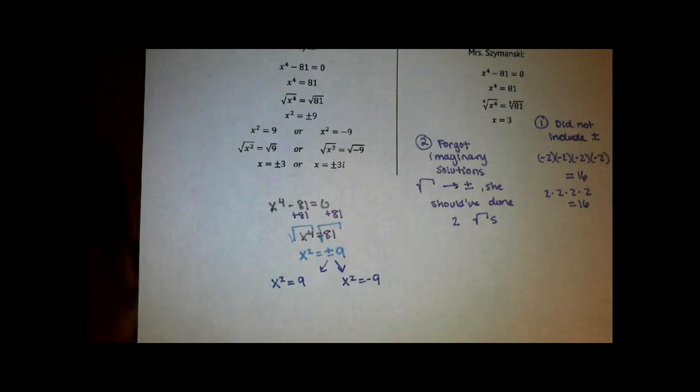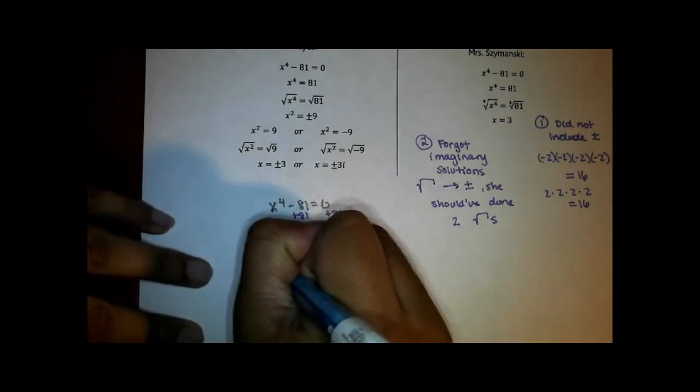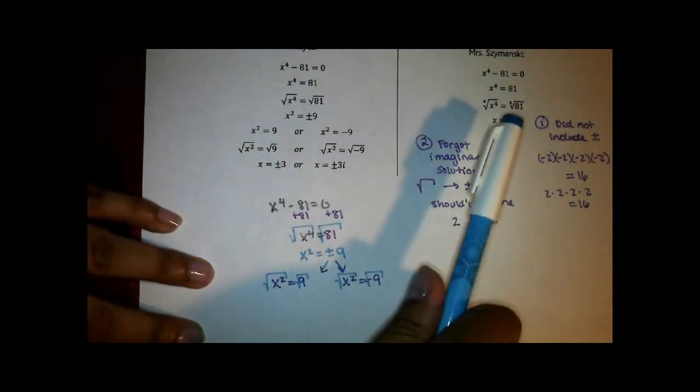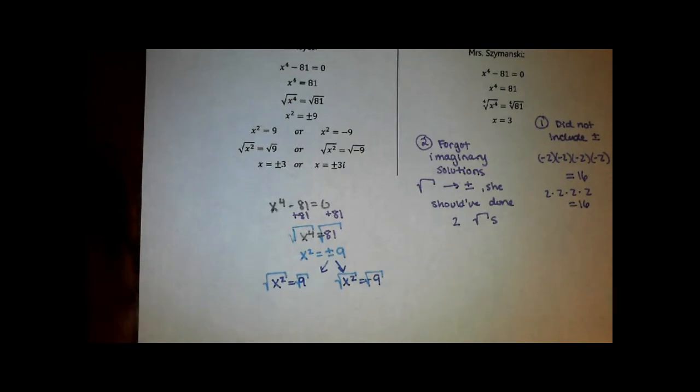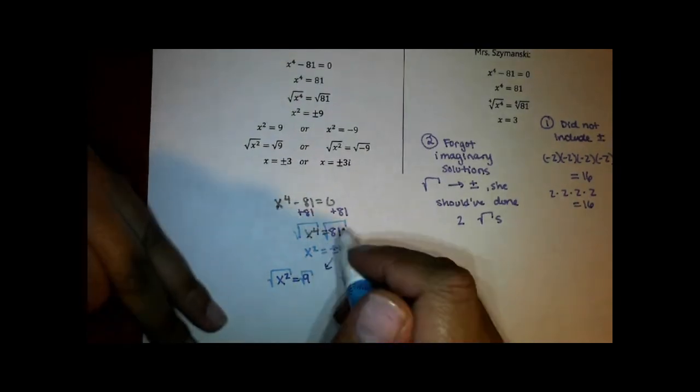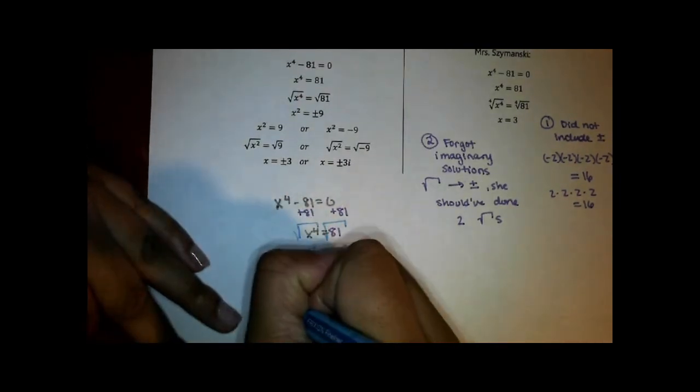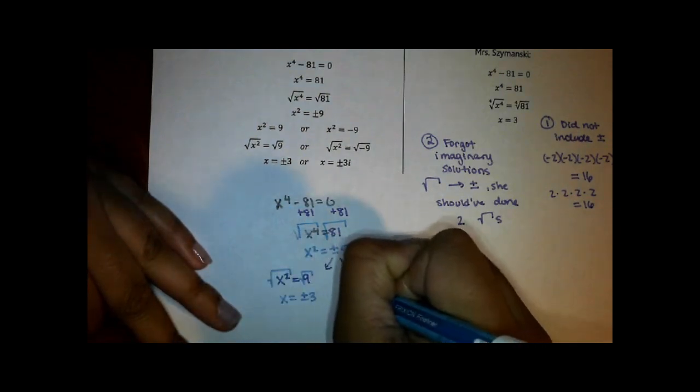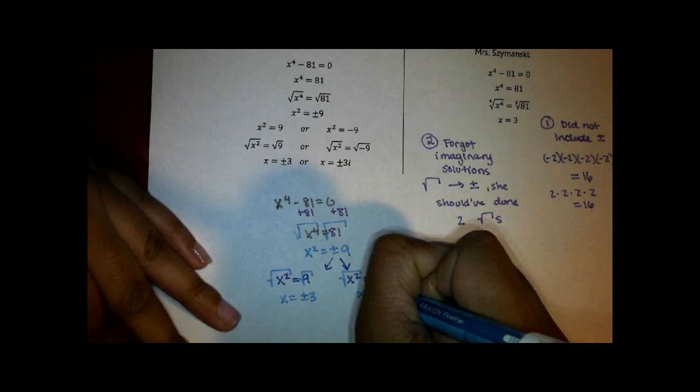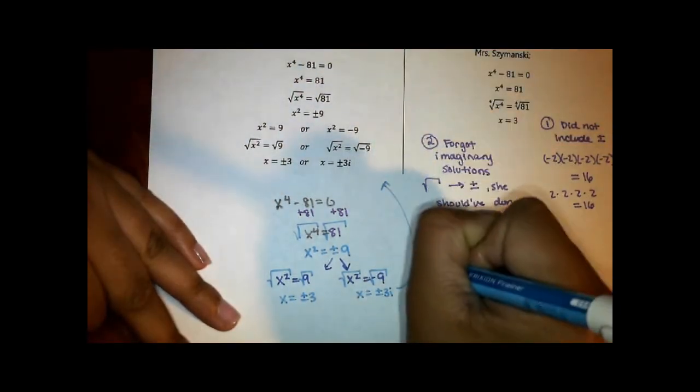Excellent. And then from here, again, we'll just square root to get rid of that square, because we know what happens with the square root. We do not know what happens with the 4th root, but we can always predict this, and we want to go with what we know. So from here, we get x equals plus or minus 3, and x equals plus or minus 3i, which would say that Miss Reyes is correct.